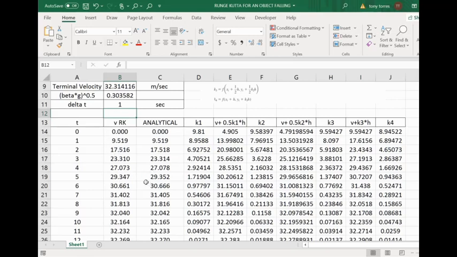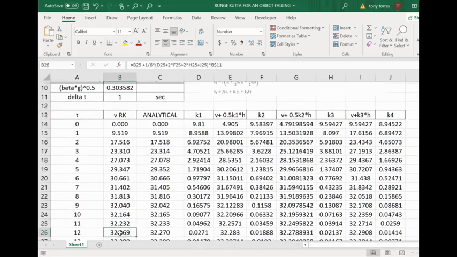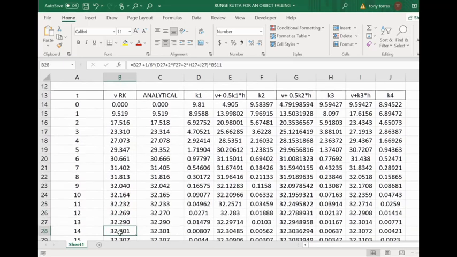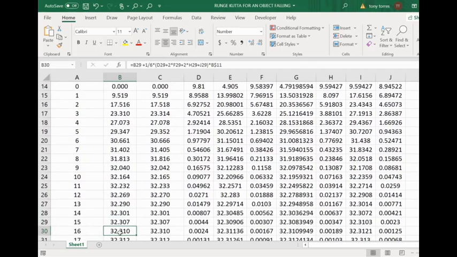You see there's a small difference, basically at the second decimal place, but both arrive eventually, within 11 or 15 seconds, at what we call terminal velocity for this ball falling down, 32 meters per second.